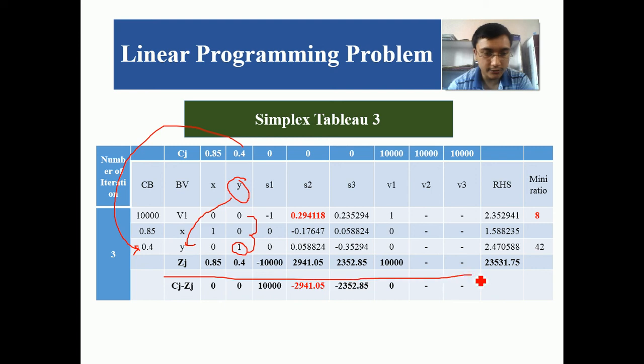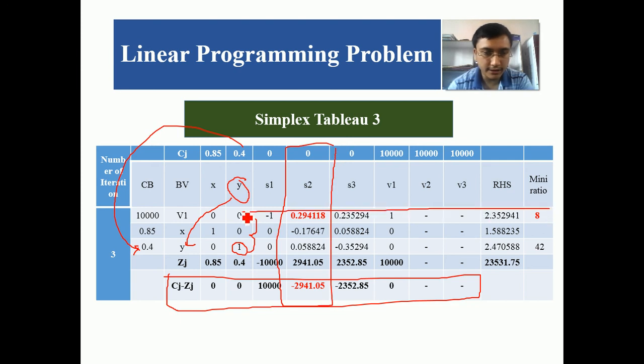The last row is observed and we will observe its least value, which is the pivot column, and we will find the mini ratio, and the least mini ratio determines the pivot row and its pivot element.